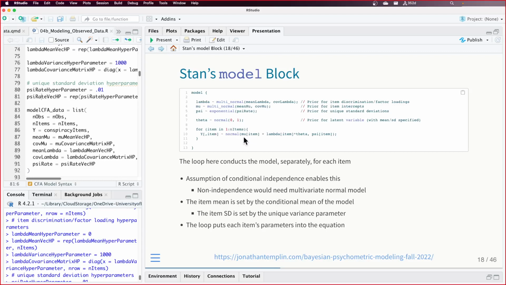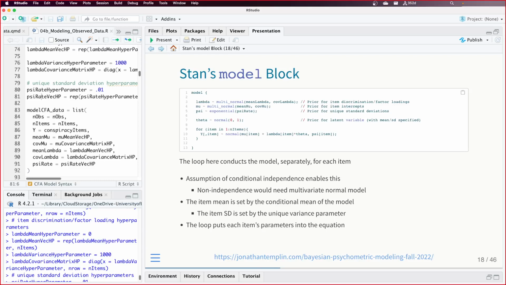And now that normal distribution has the mean given by the mu, the item intercept for that item, plus the item factor loading or discrimination for that item, times theta. And you'll note the brackets by mu and lambda are different from before. Before in the linear model we had x times beta, the end. Here we have to specify mu plus lambda to make it work.